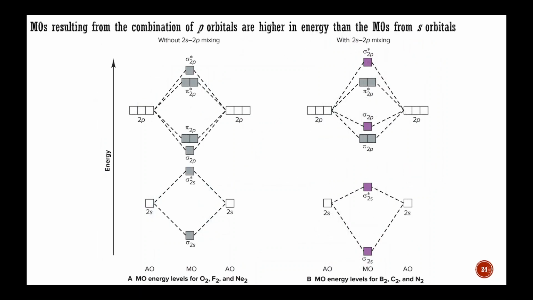Just as the p-atomic orbitals within a particular shell are higher in energy than the s orbital in the same shell, all the molecular orbitals resulting from the combination of p-atomic orbitals are higher in energy than the molecular orbitals resulting from the combination of s atomic orbitals.